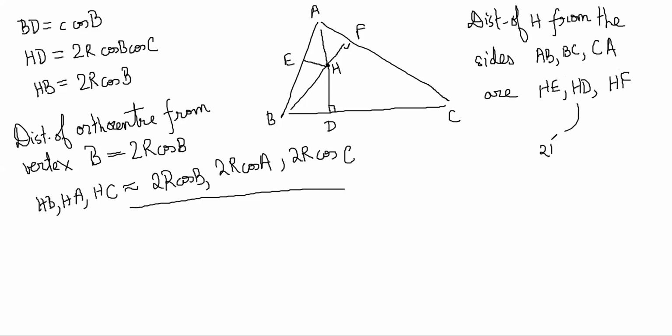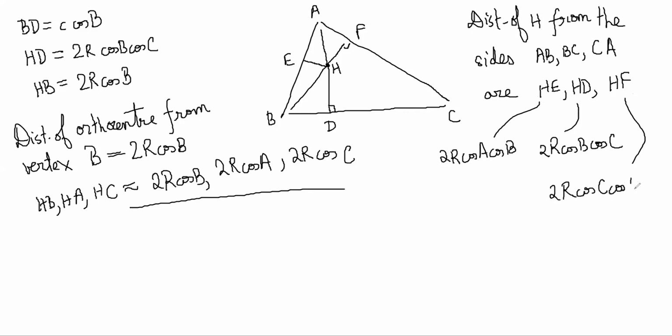And this we had gotten as 2R cos B cos C. So now you can predict that this will be 2R cos A cos B, and this will be 2R cos C cos A. Makes sense? Symmetrical results. So the distance of the orthocenter from the sides is 2R cos B cos C and so on, and the distance of the orthocenter from the vertices is 2R cos A, 2R cos B, 2R cos C, right?